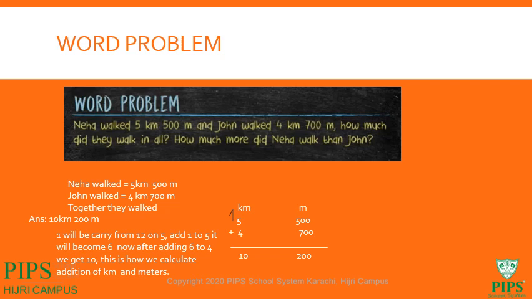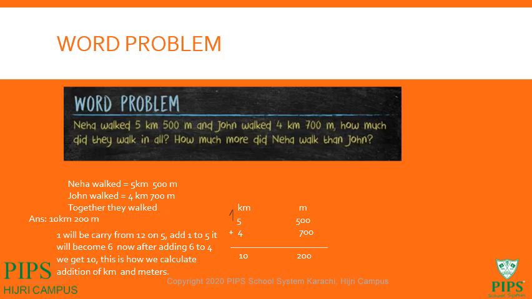Now solving a word problem for measuring the length or distance of anything, we will see what the question is talking about. The question is: Neha walked 5 kilometers and 500 meters and John walked 4 kilometers 700 meters.